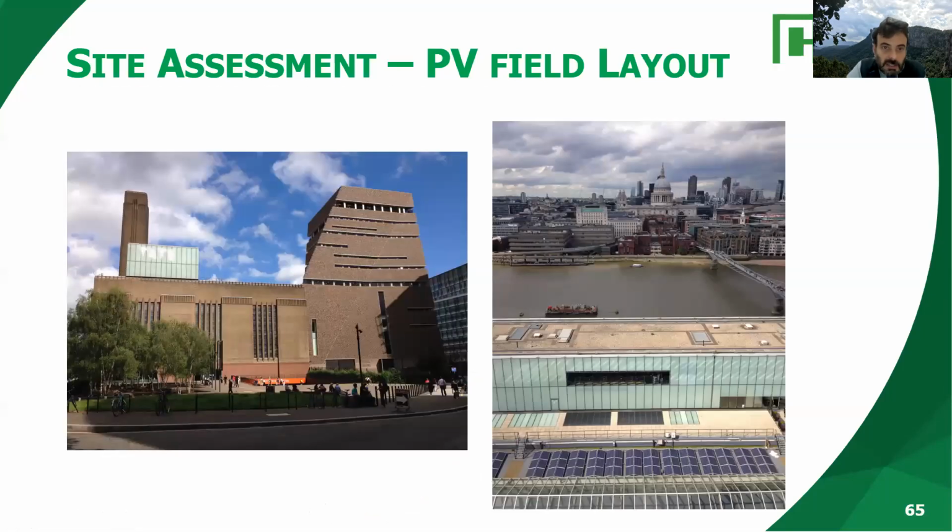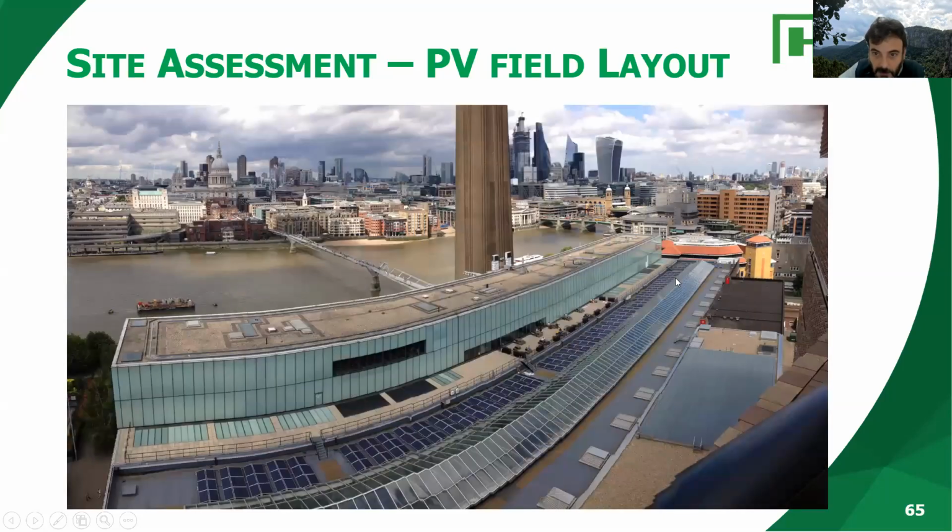This is, for instance, the example of a PV system. You know where this is? Can anybody identify this city? This is London, okay? And this is one of the most famous museums you have in London. It's the Tate Modern. When you go up to this building here, you can see what happens in the roof of the museum, and you see this kind of PV system.